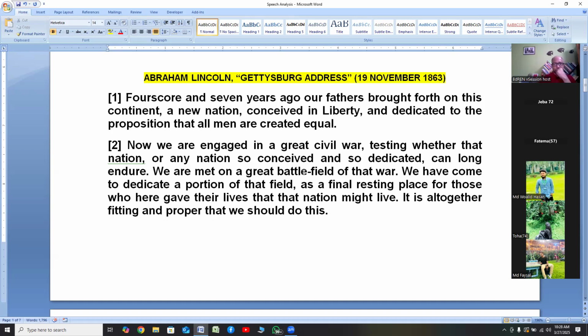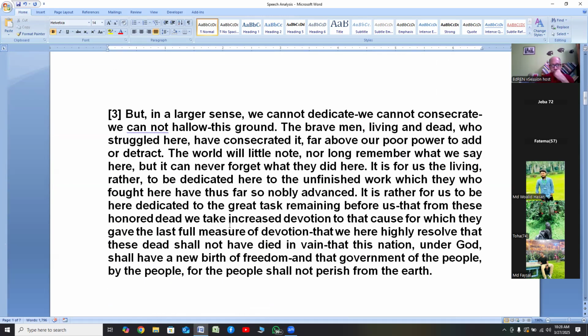It is altogether fitting and proper that we should do this. But in a larger sense, we cannot dedicate, we cannot consecrate, we cannot hallow this ground. The brave men, living and dead, who struggled here, have consecrated it far above our poor power to add or detract.